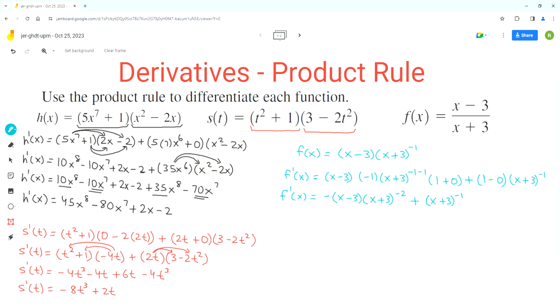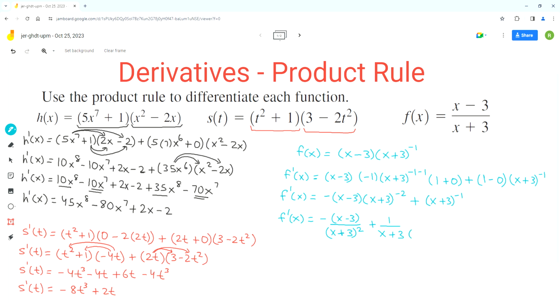Now we can change these negative exponents into positive exponents by moving the terms to the denominator. Negative x minus 3 over x plus 3 squared and then plus 1 over x plus 3. Now we can combine these two fractions by finding a common denominator.